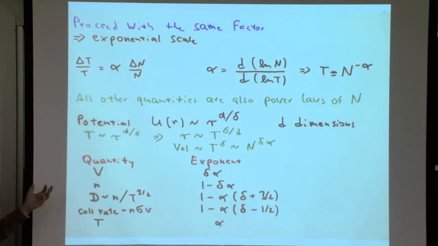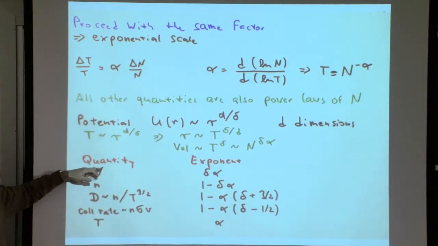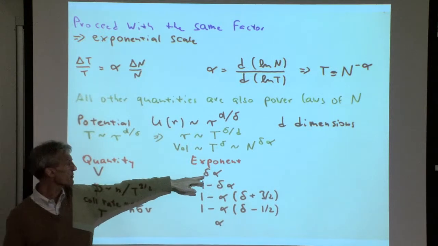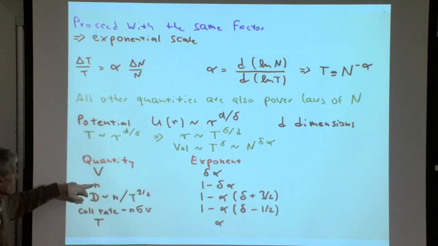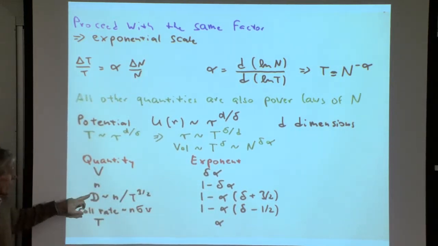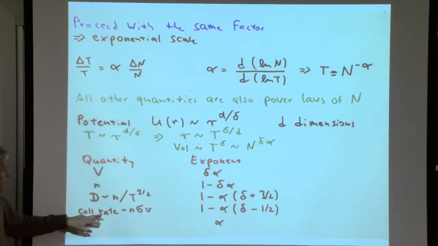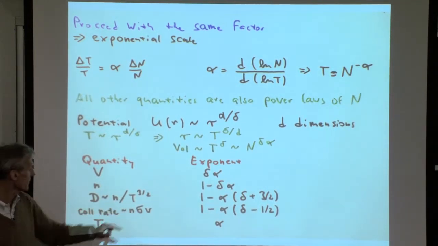I mentioned already the volume, and what I've shown here are just the two parameters which determine all exponents. The volume goes with the product of delta and alpha, the density goes with something, the phase space density is density over temperature to the 3/2, the collision rate is n sigma v.